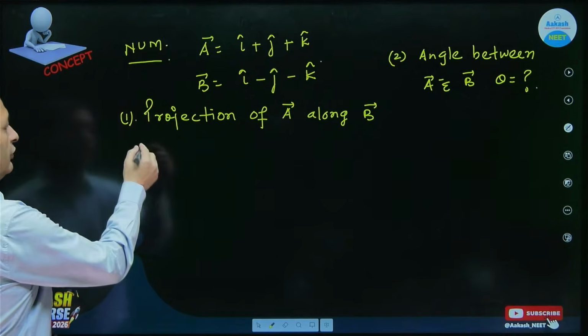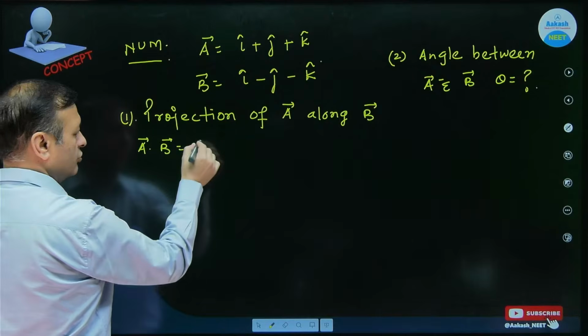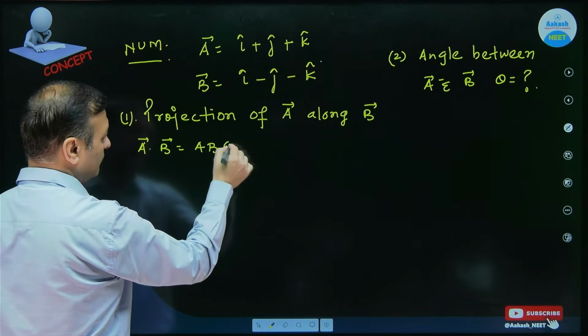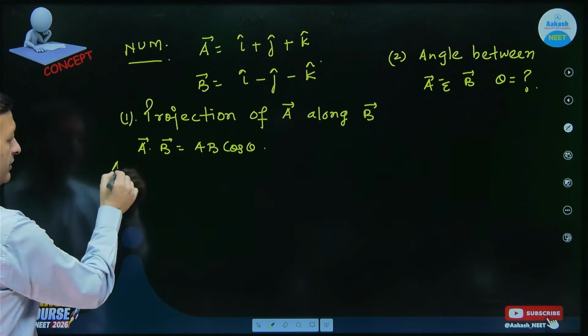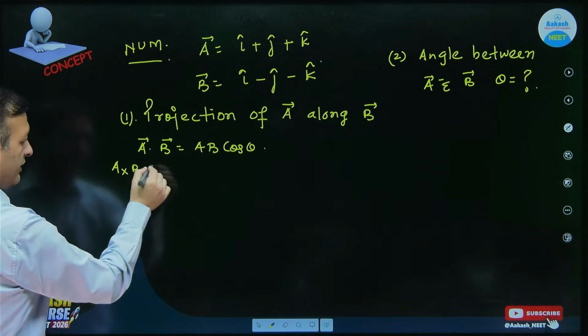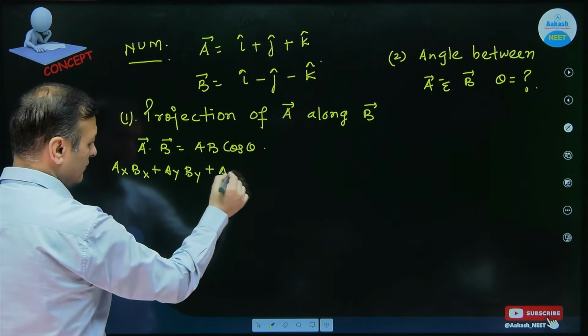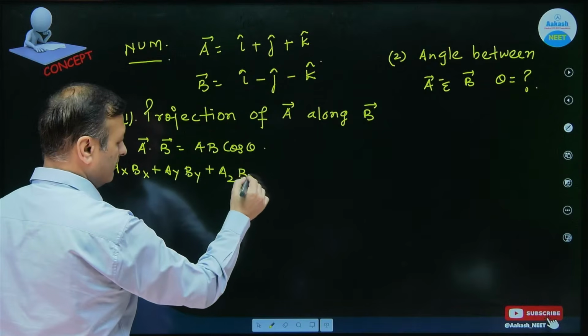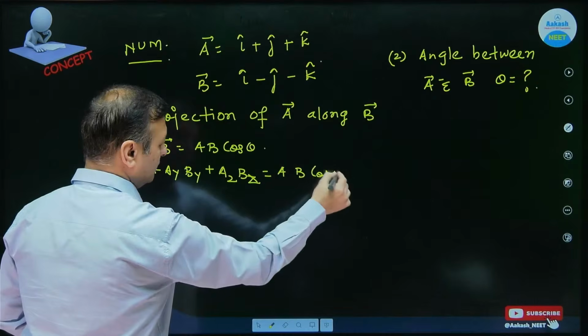Now we know A dot B is AB cos theta. So what is this A dot B? This is AX BX plus AY BY plus AZ BZ, which is AB cos theta.